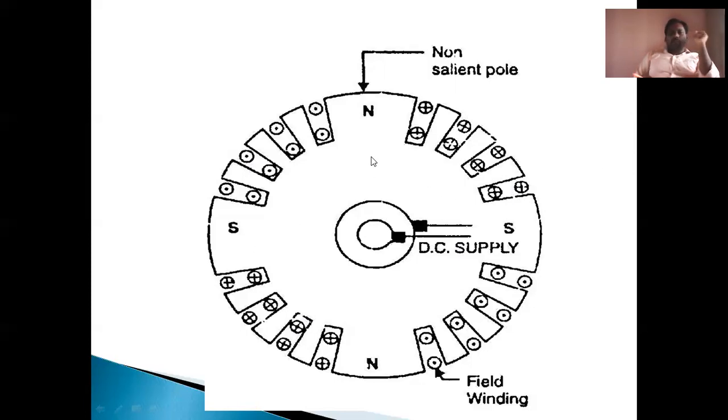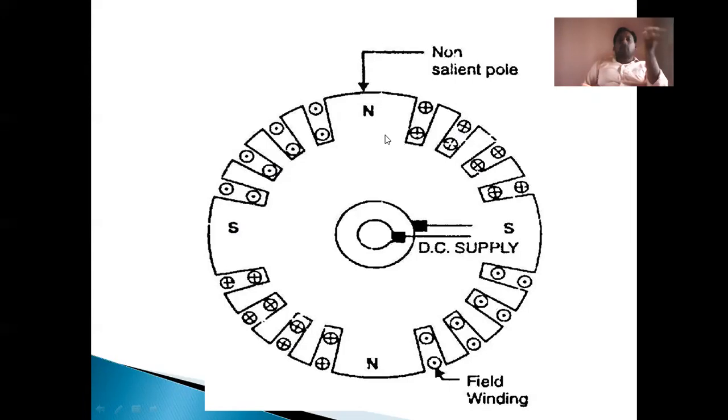Now, if you observe here, these are slots. In these slots, field coils are employed, but these are unslotted portions. North, south, and north, south. These unslotted portions are called poles, magnetic poles.